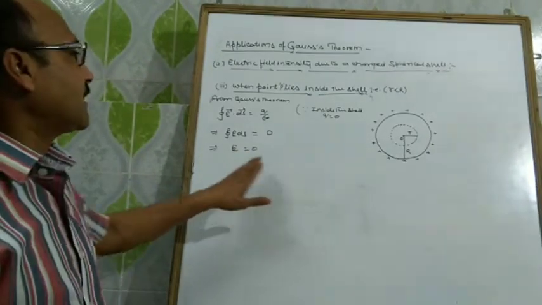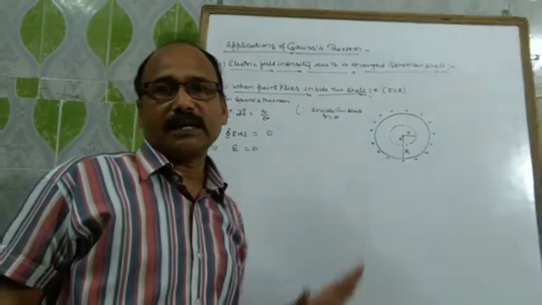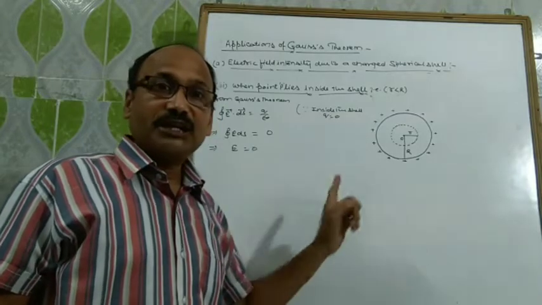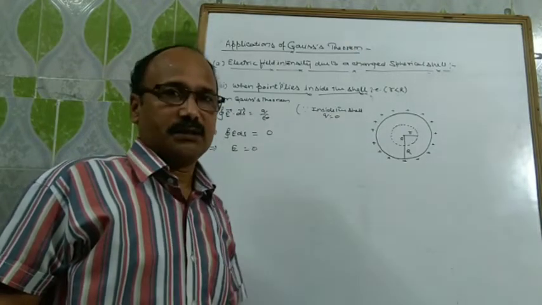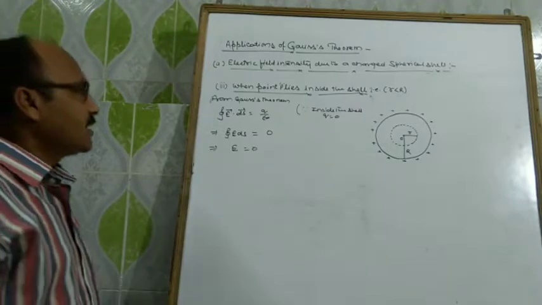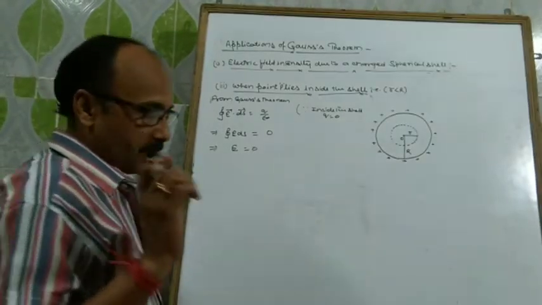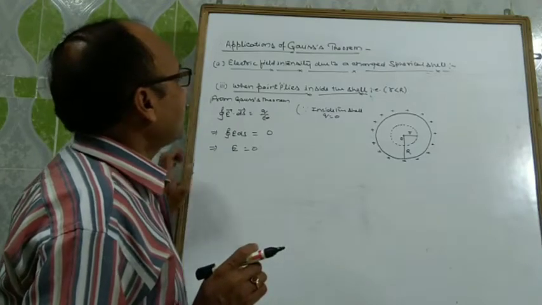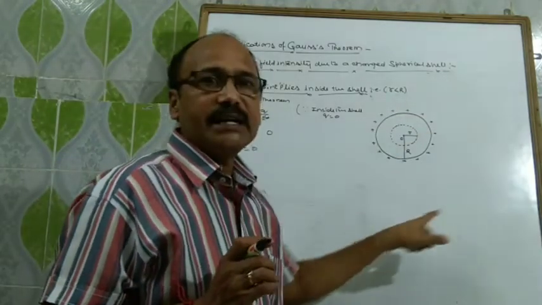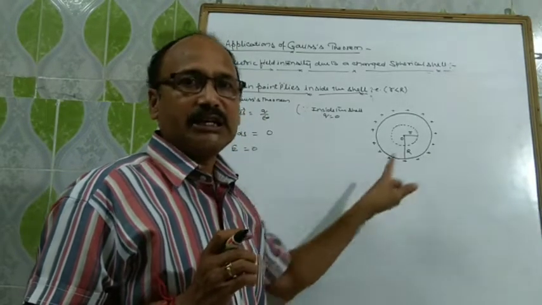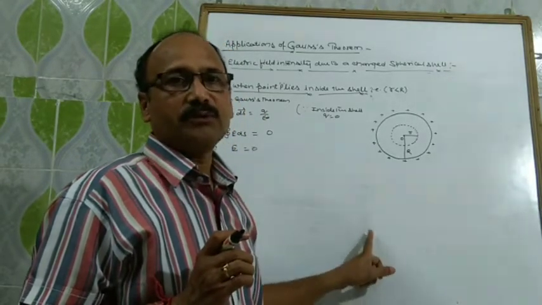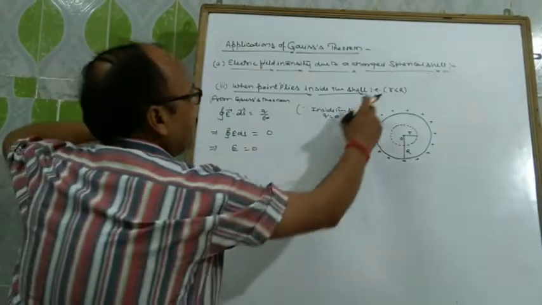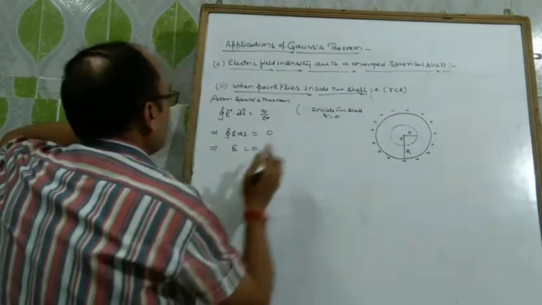By this process we can say that the electric field inside a charged spherical shell is 0, where the charge is positive charge. Now we have to know about the variation of electric field intensity with the distance r from the center of the shell due to a charged spherical shell.